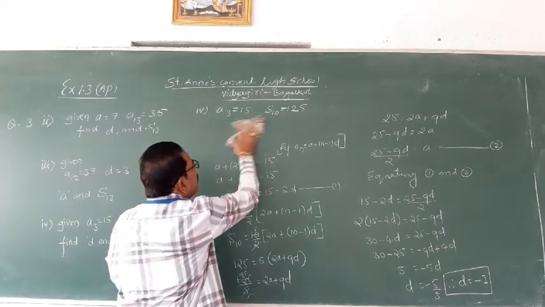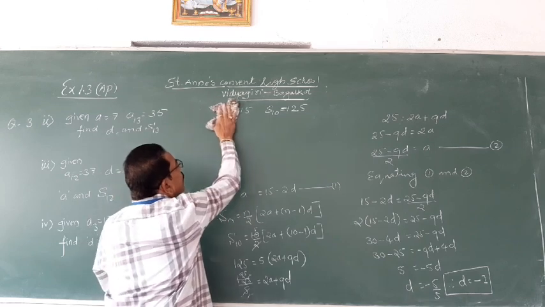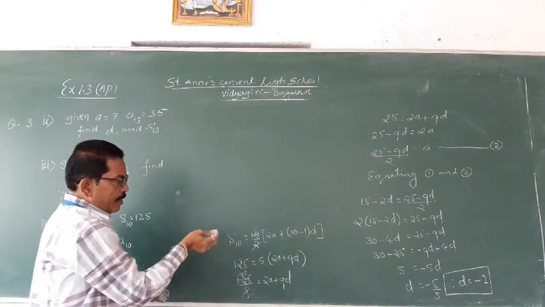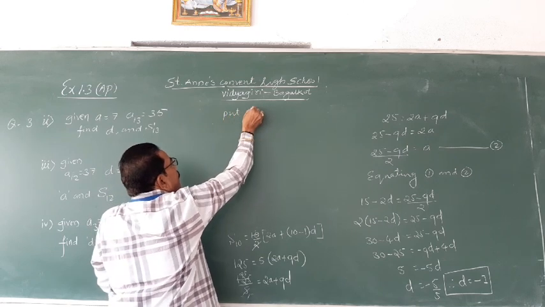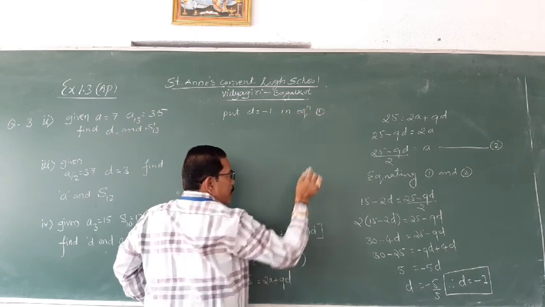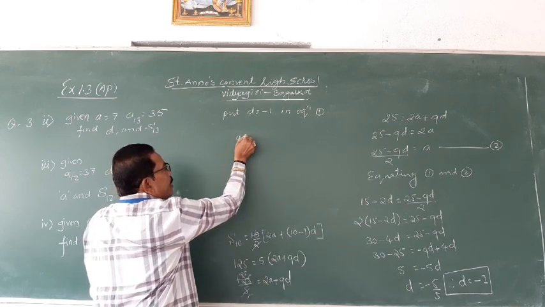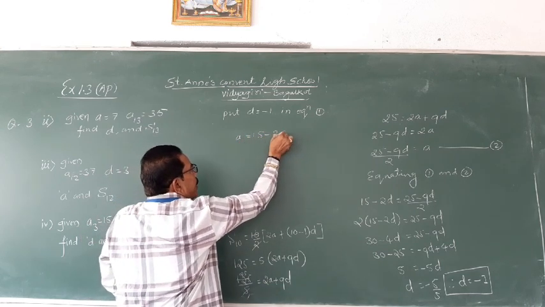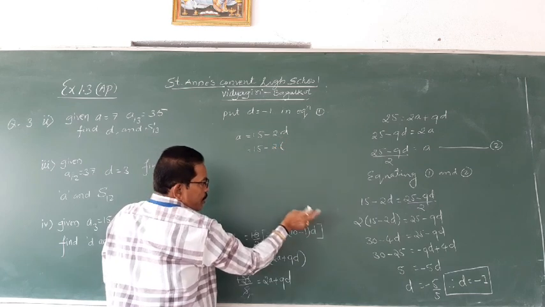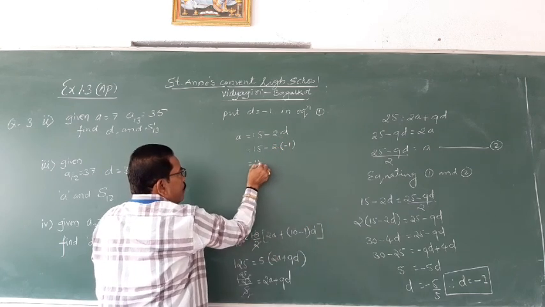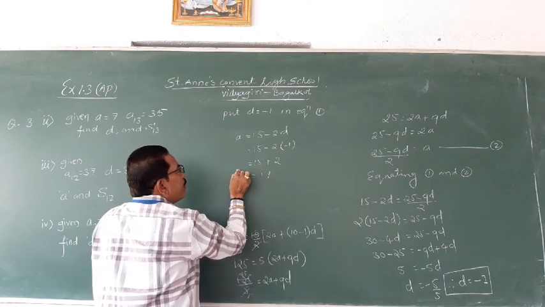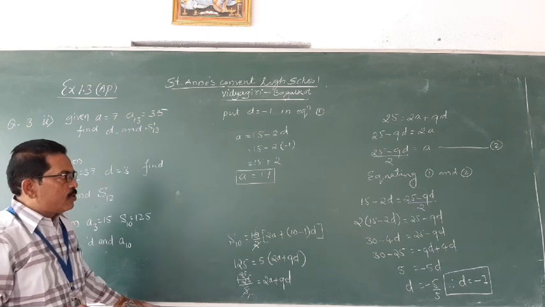Now put d equals minus 1 in equation 1. That is a equals 15 minus 2d, 15 minus 2 into (minus 1), that is 15 plus 2, so a equals 17.